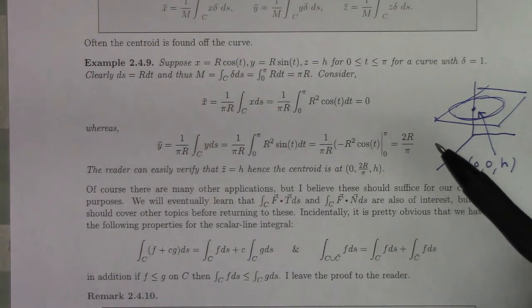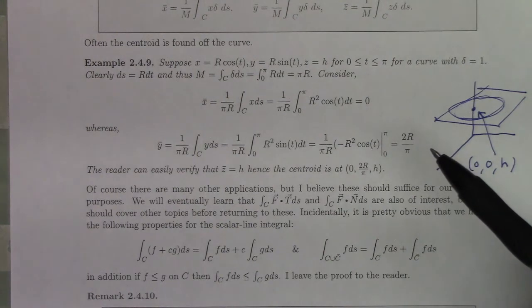The integral from 0 to pi of sine is 2. I'm sorry, I am currently stumped by this.